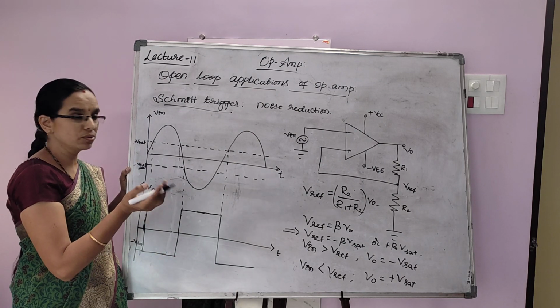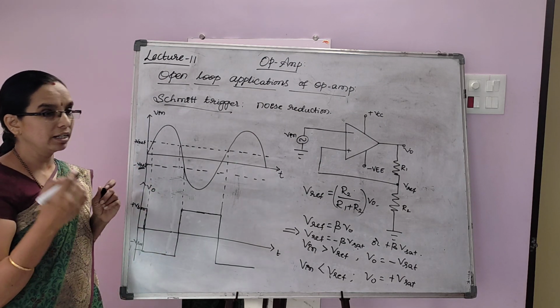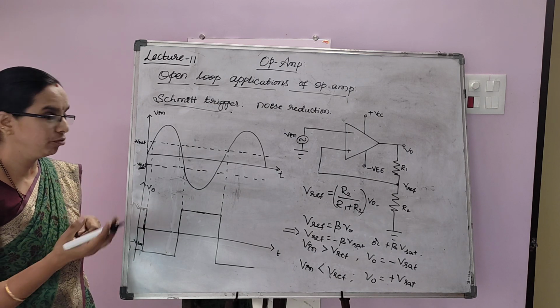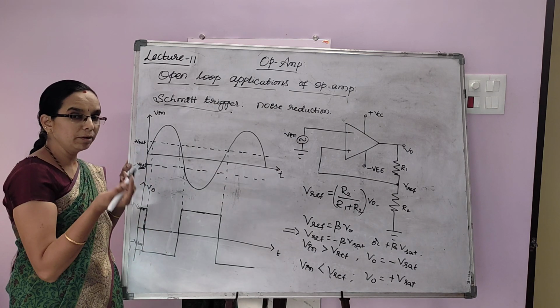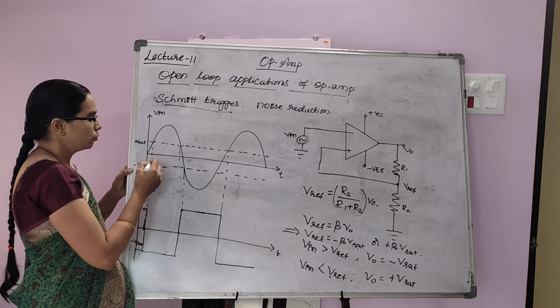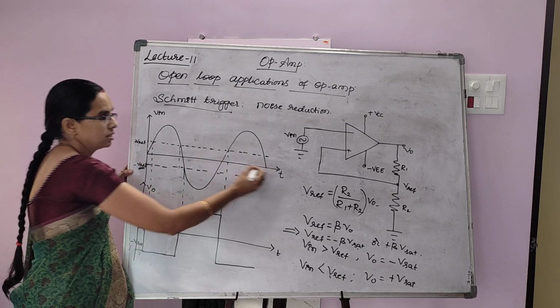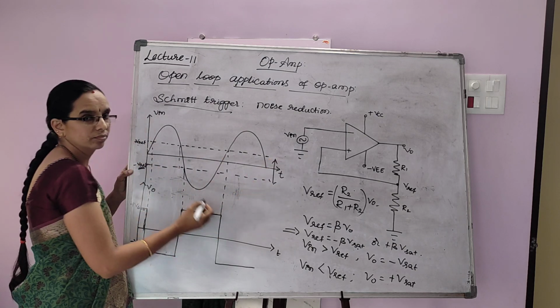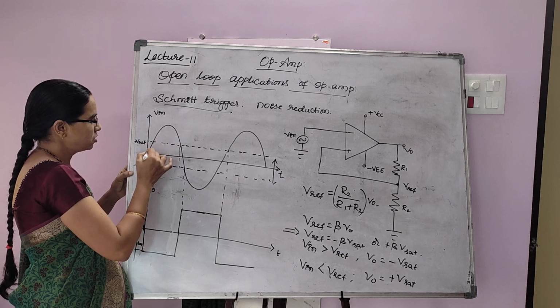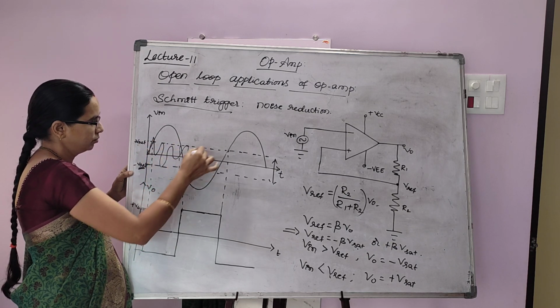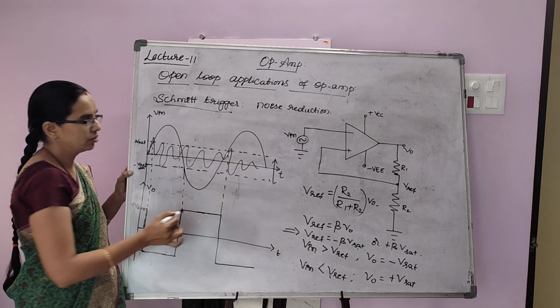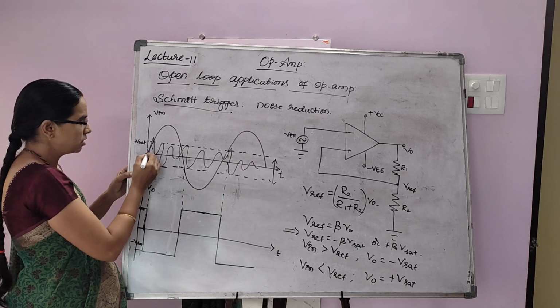So how will it reduce the noise? See, usually the temperature sensor's output may contain some noise signal. Whenever the noise signal comes in this range, what happens?